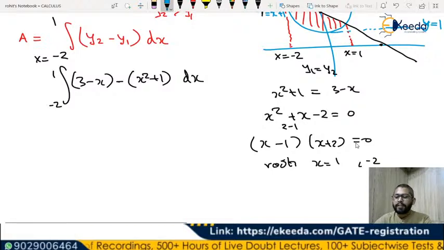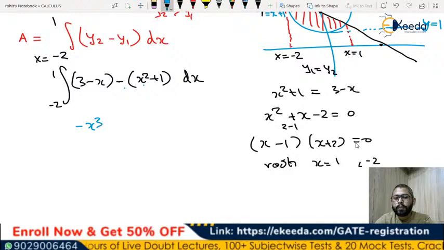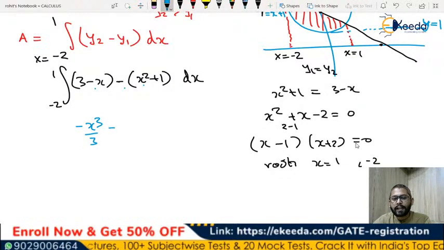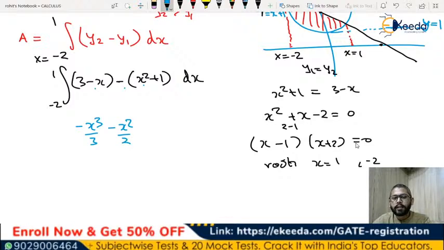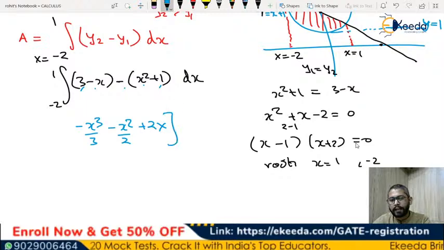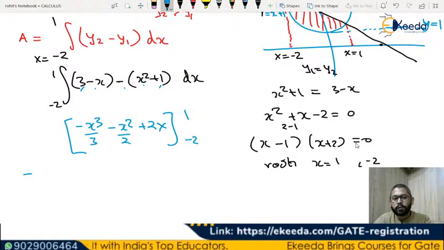So let's start with the higher order. Higher order is x square, which has a minus, so it is minus x cube by 3. The next one is minus x, so that will have minus x square by 2. The 3 and the minus 1 will give 2x when integrated, and the limits are minus 2 to 1. Put the limits and find the value.